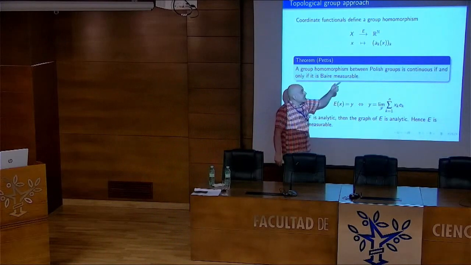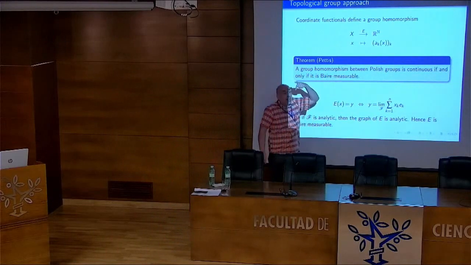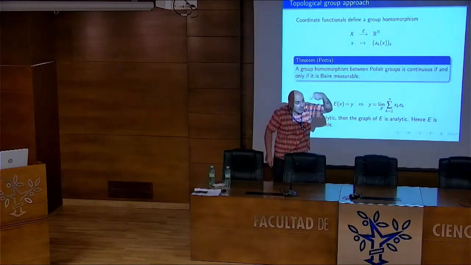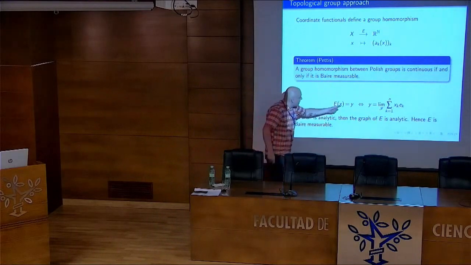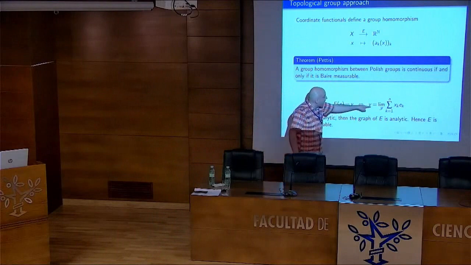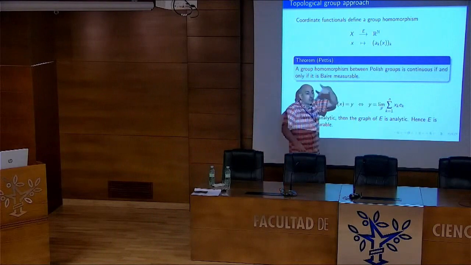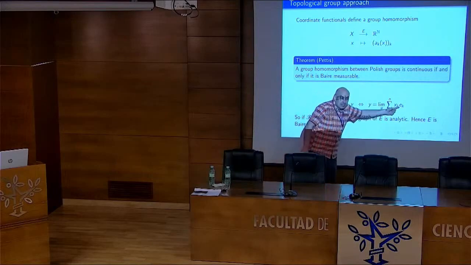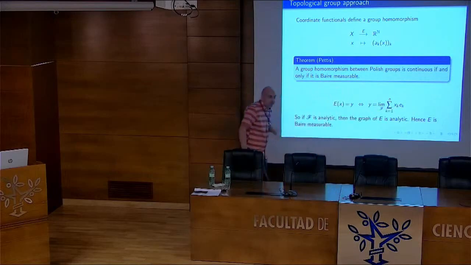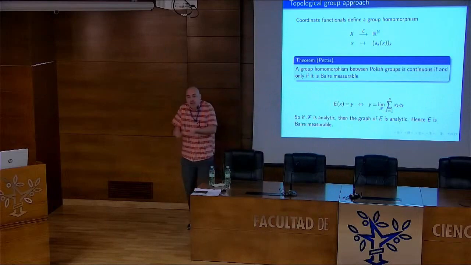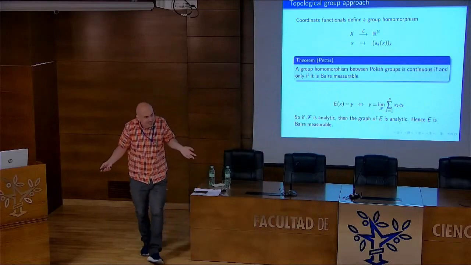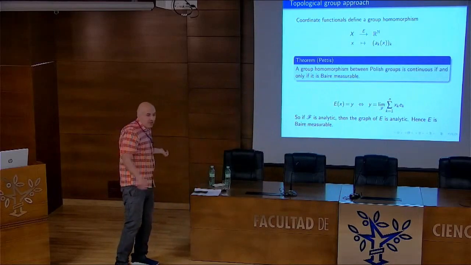And because these a_k are the unique scalars which give the series, saying that E of x is y is the same as saying that y is the series, the limit through the filter of the corresponding sums, okay? But then it's easy to see that if the filter, for instance, is analytic, this expression becomes analytic.